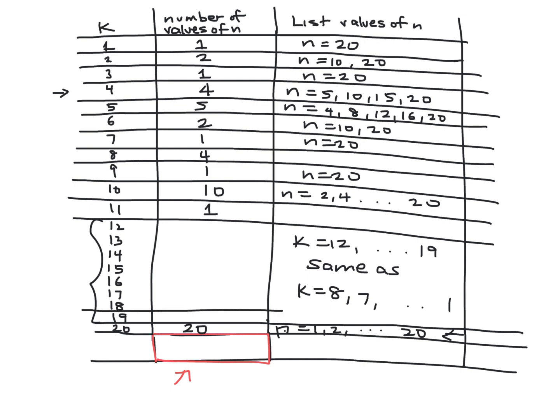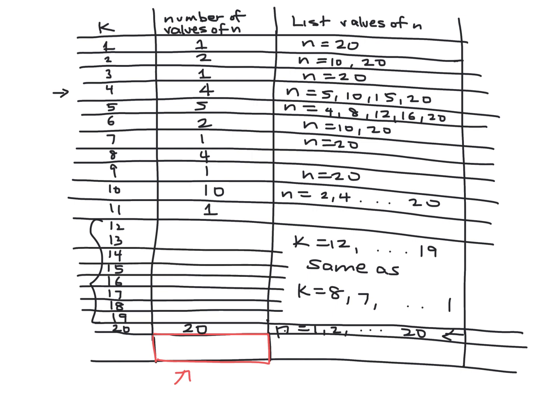So if we were to fill these in, it would be the same as the top, but in the reverse order. So it would be 1, 2, 1, 2, 1, 4, 5, 2, 1, and 4.